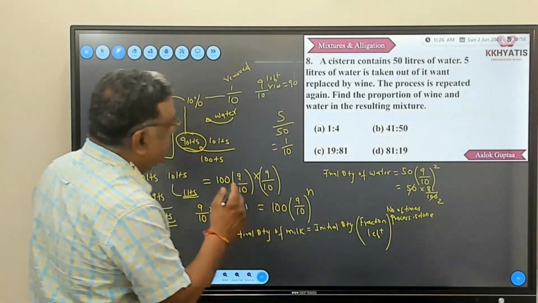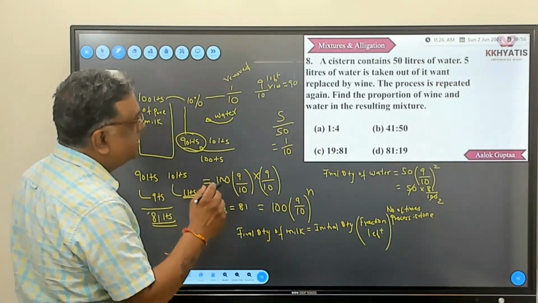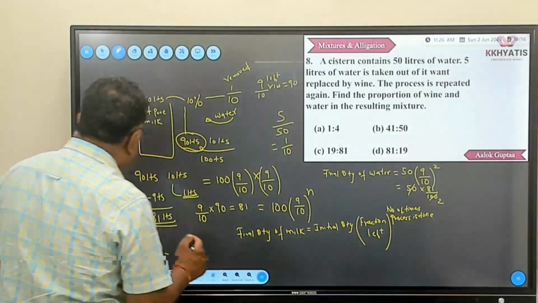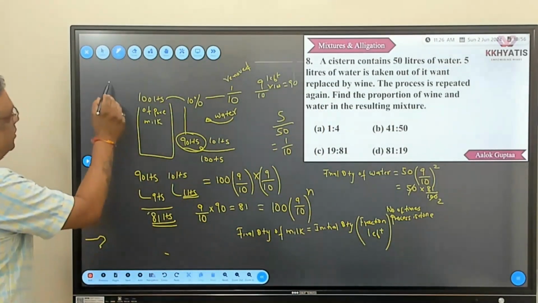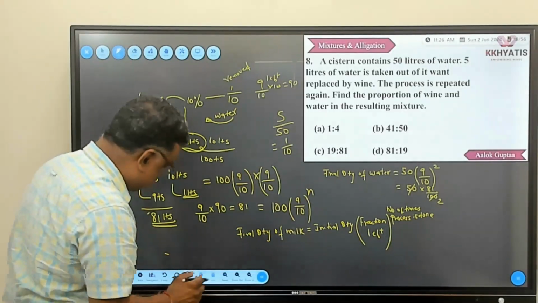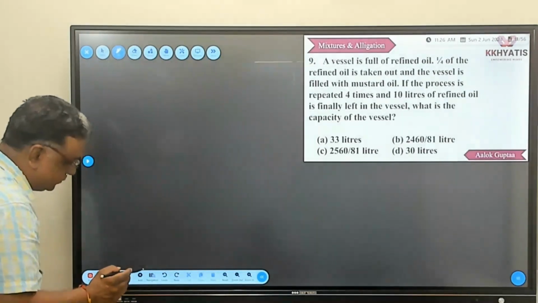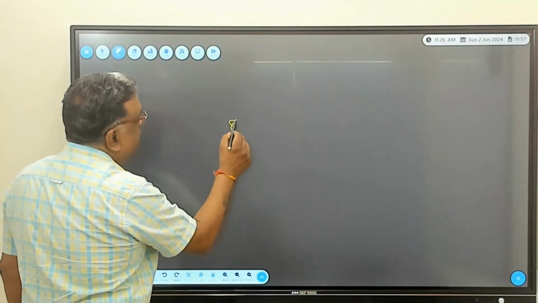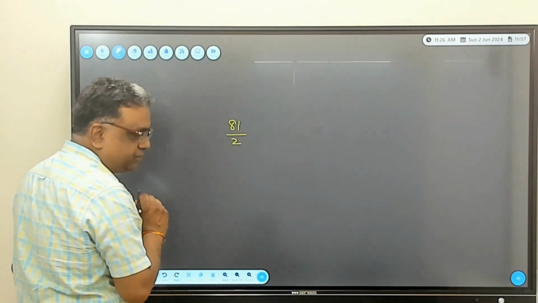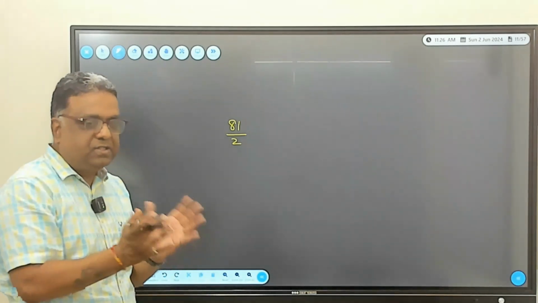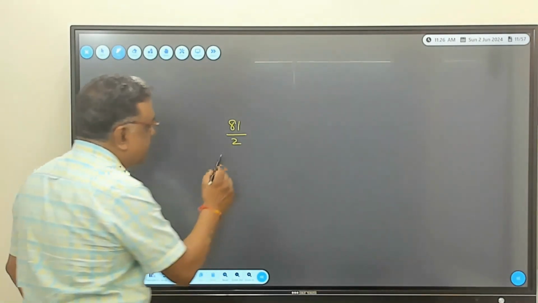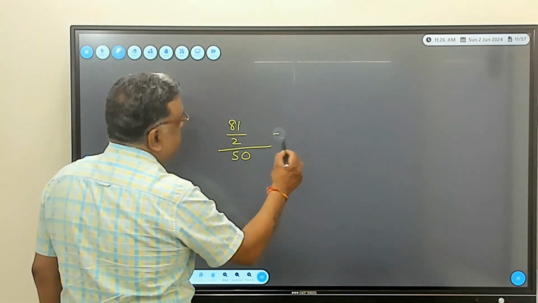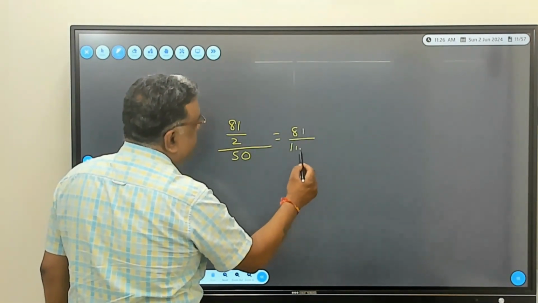But what I have been asked is the proportion of wine and water in the resulting mixture. So let us say the quantity of water finally left is 81 upon 2, and the total mixture still remains 50. So 81 by 2 divided by the total final mixture 50 is 81 upon 100, correct?